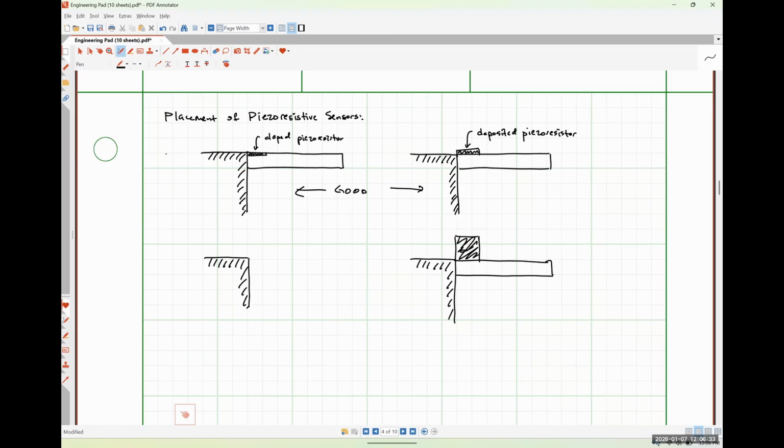And we've already talked about this a little bit as well. So if my piezo resistor was so thick that it crossed over the neutral line of this, the top part of the piezo resistor is experiencing tensile stress. The bottom part is experiencing compressive stress. Those are in opposite directions, and so they tend to cancel each other out.